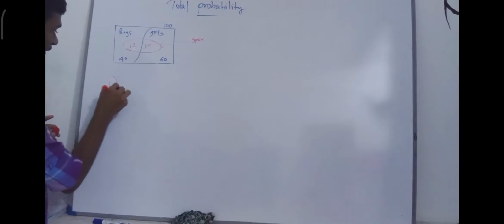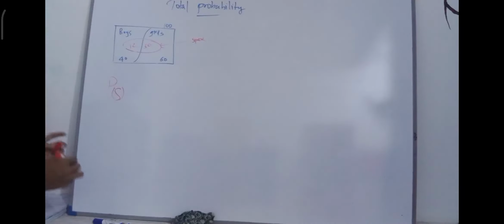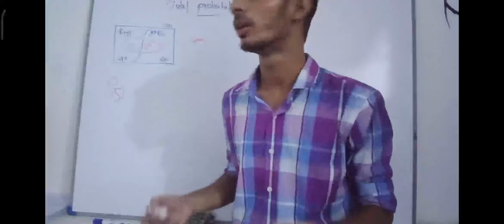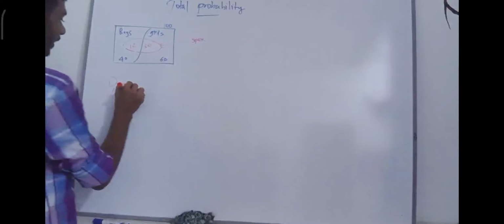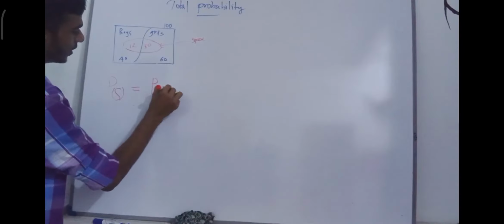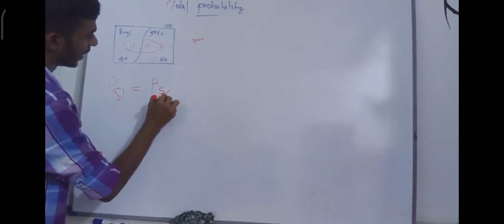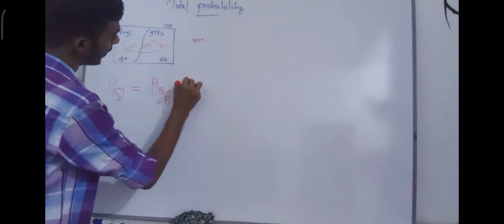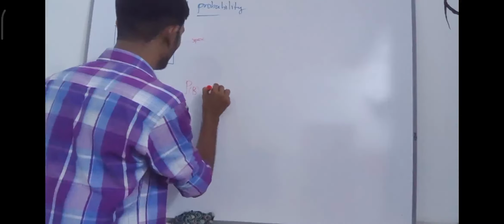Now I have to find out the total probability of wearing spectacles. Probability of wearing spectacles, this is actually called the total probability. Now what I can write here is: probability of wearing spectacles when the student is a boy, into probability of boy. This is how we have to write the equation for total probability.